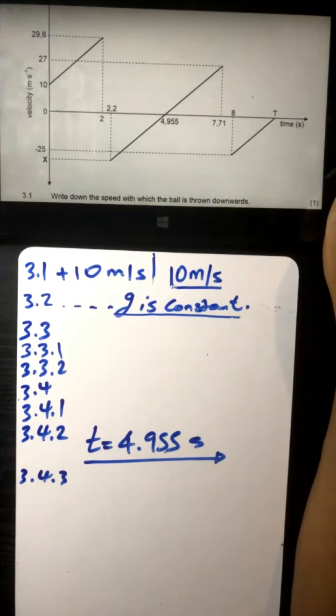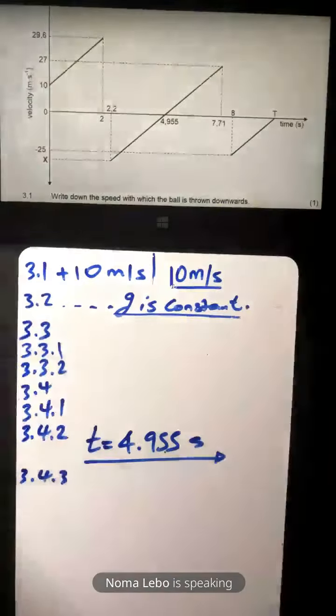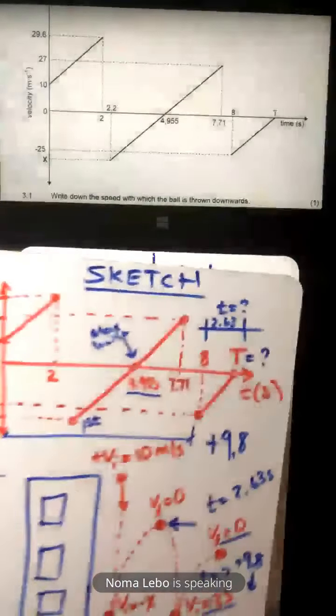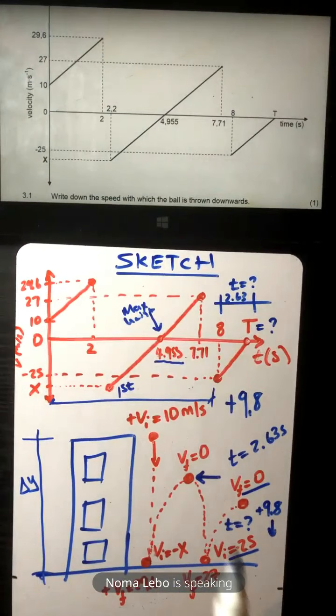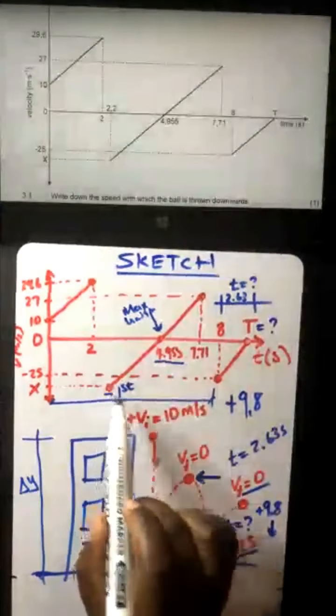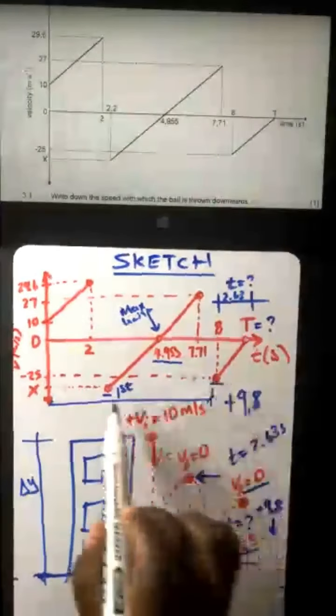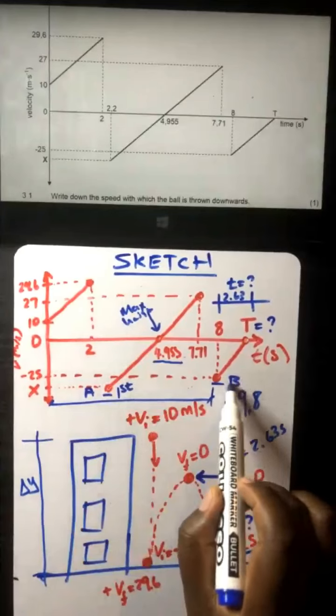Which initial velocity? Initial velocity for the ball when it leaves the ground for the second time. Let's see, is it there or there? Is it A or B that you're talking about?